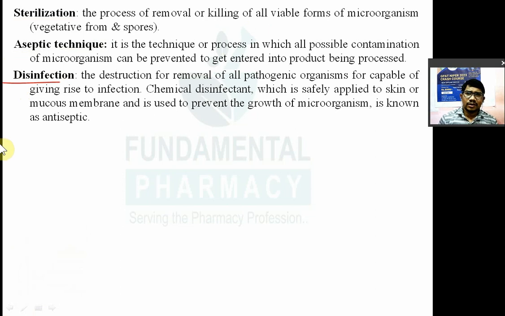Disinfection is the destruction or removal of all pathogenic organisms capable of giving rise to infection. Chemical disinfectants which are safely applied to our skin or mucous membrane and used to prevent the growth of microorganism are known as an antiseptic. So chemicals which can kill the microorganism are known as a disinfectant.